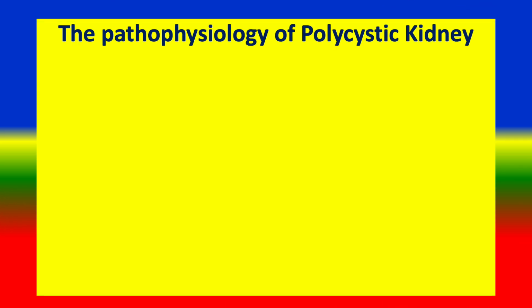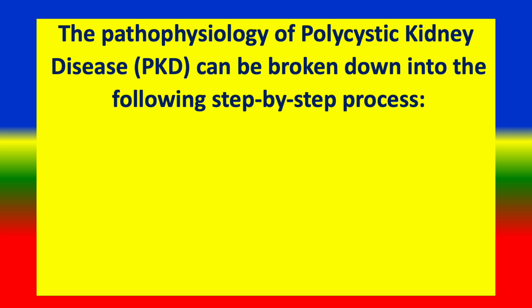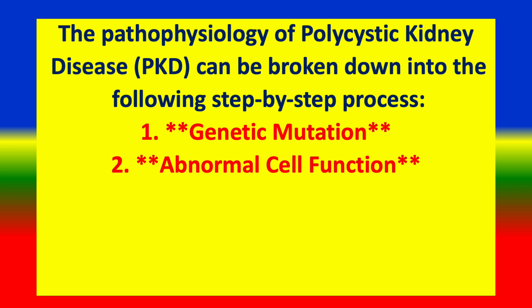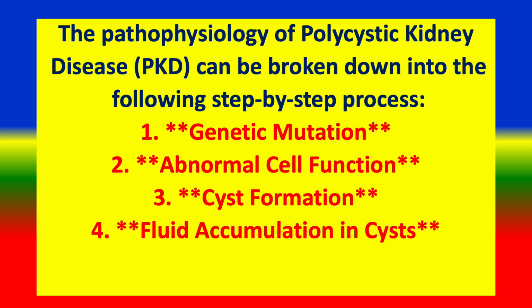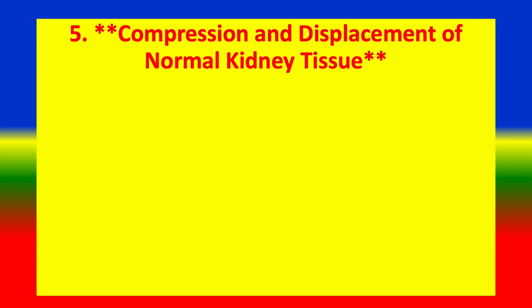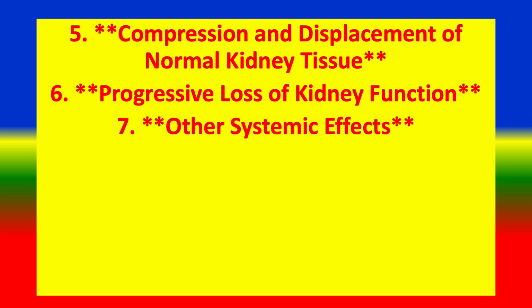The pathophysiology of polycystic kidney disease can be broken down into the following step-by-step process. 1. Genetic mutation, 2. Abnormal cell function, 3. Cyst formation, 4. Fluid accumulation in cyst, 5. Compression and displacement of normal kidney tissue, 6. Progressive loss of kidney function, 7.